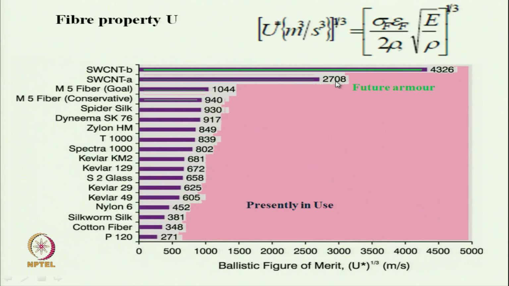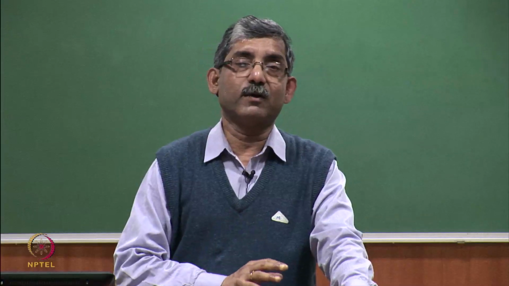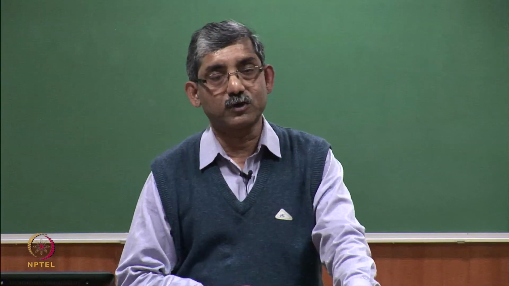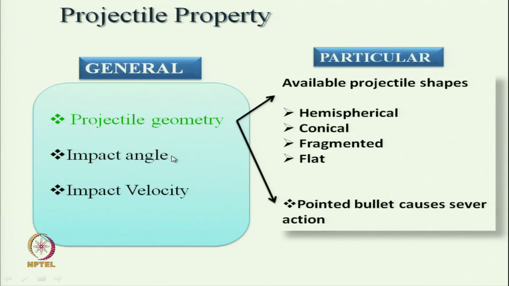The development in body armors will be in this direction, where spider silk or different carbon nanotube composites are used. Apart from fiber and fabric characteristics, the projectile properties are also important. The first projectile property is projectile geometry. There are different projectile shapes based on the tip dimension: hemispherical, conical, fragmented and flat, whereas a pointed bullet, that is conical, causes severe action.